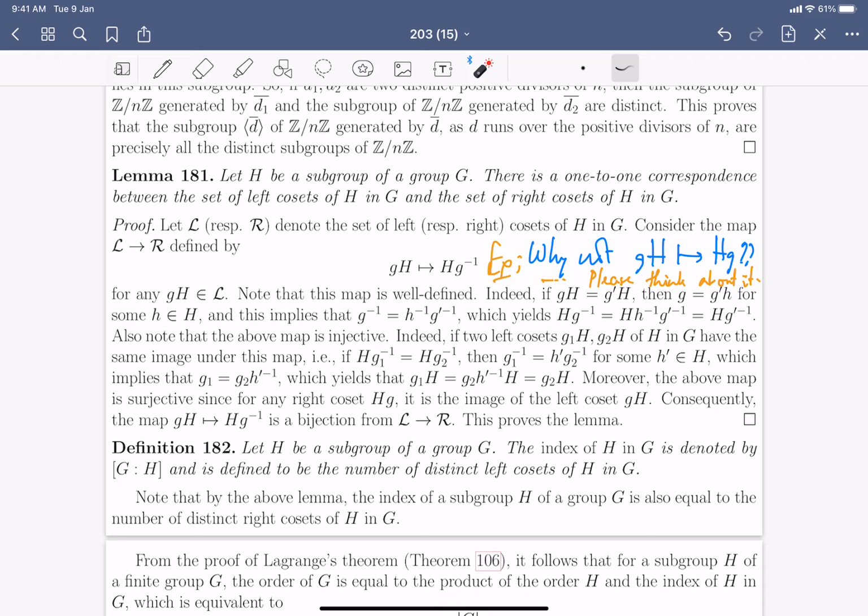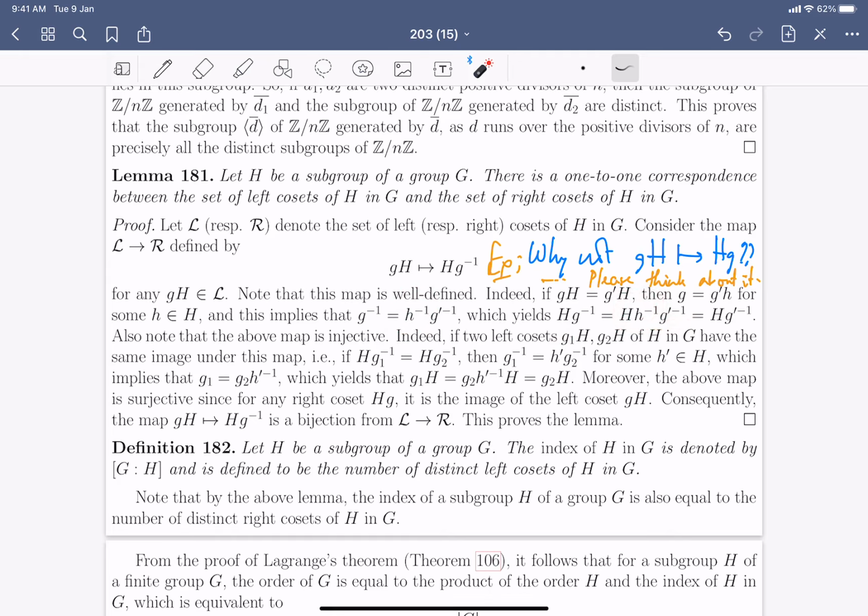So we can have two elements g and g prime of the group G, which are related as follows: g is equal to g prime h for some element h inside H. That implies that g inverse is h inverse times g prime inverse.